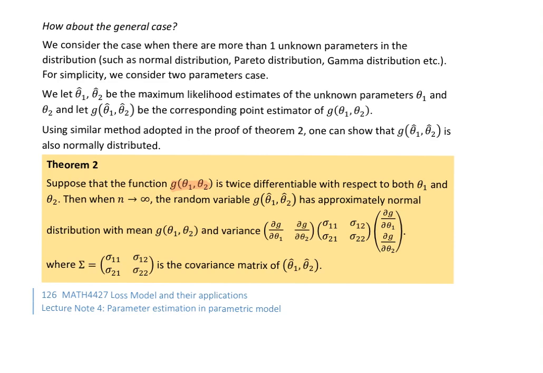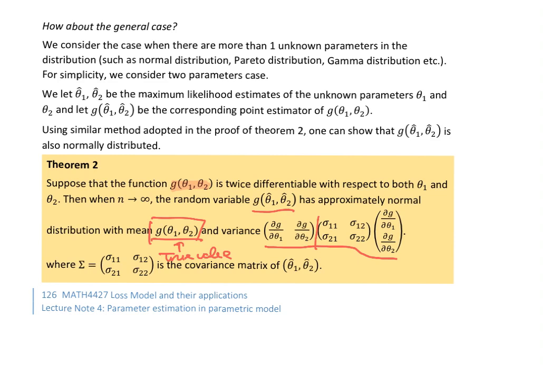Assuming that your distribution function satisfies the regularity condition, we can show that when n tends to infinity, this estimate g of the MLE is approximately normal with mean equal to the true value, and the variance equal to this fancy number.